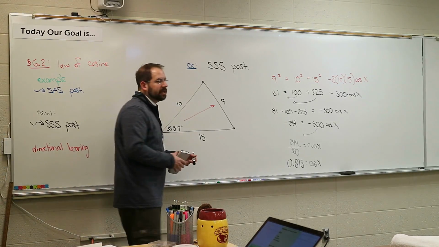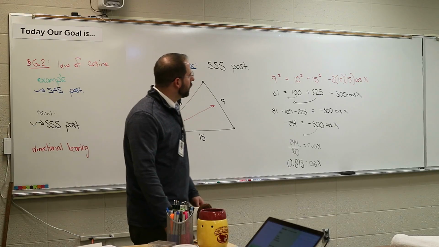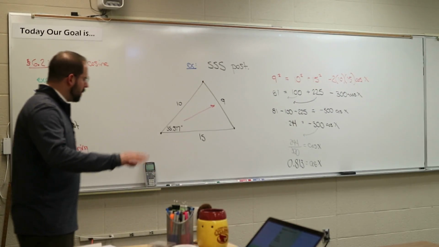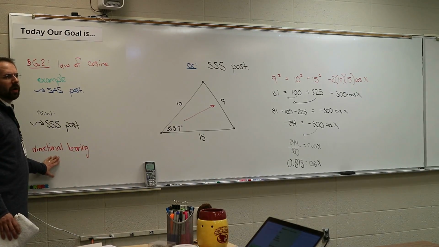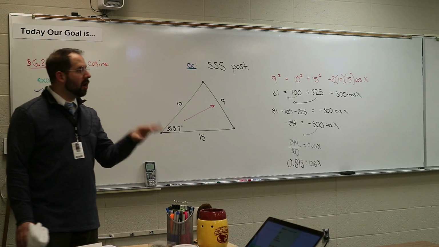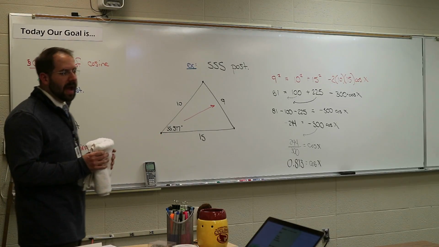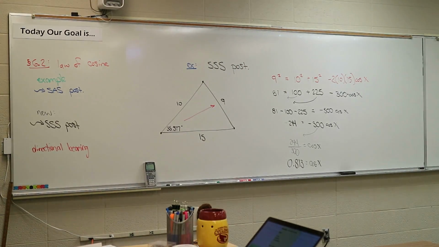All right, last thing today. We have about 5 minutes here. We're going to learn about the Second Amendment. No. Okay. Can we try a geometry problem? Hey, we need to. We're going to talk about directional bearing. Mr. Ward, did you get my Second Amendment?